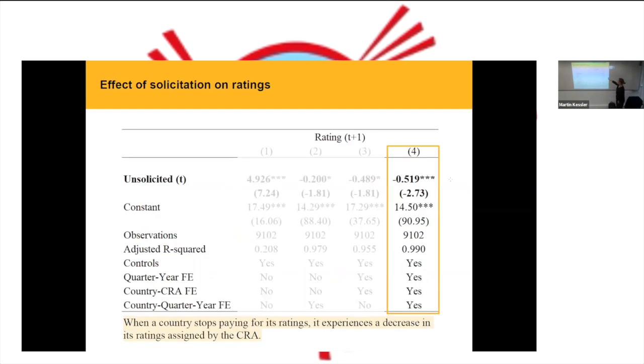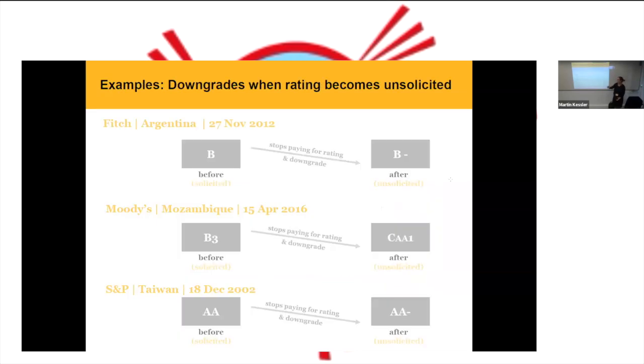What we see here is a negative effect. When a country stops paying for its rating, it is very often followed by a rating downgrade. Again, lots of gray boxes, but basically we have the case of Argentina, November 2012, which stopped paying and was downgraded.